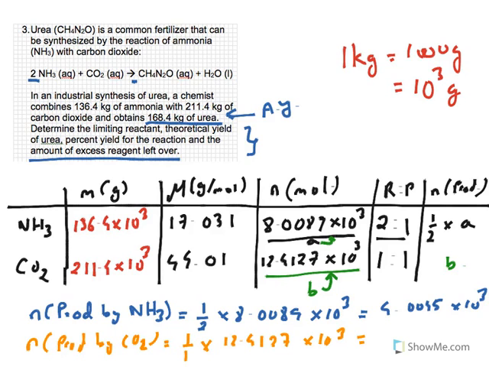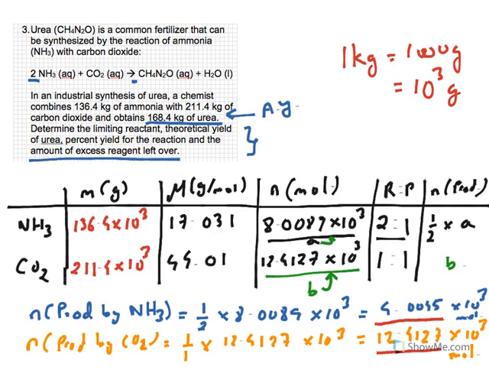And that will give us the same thing, which is 12.4127 times 10 to the power 3 moles. Now we can clearly see that the numbers speak for themselves. The moles of product produced by ammonia is far less than that of the moles of product produced by carbon dioxide. Hence, we can say that ammonia is the limiting reactant and carbon dioxide, on the other hand, is the excess reagent.